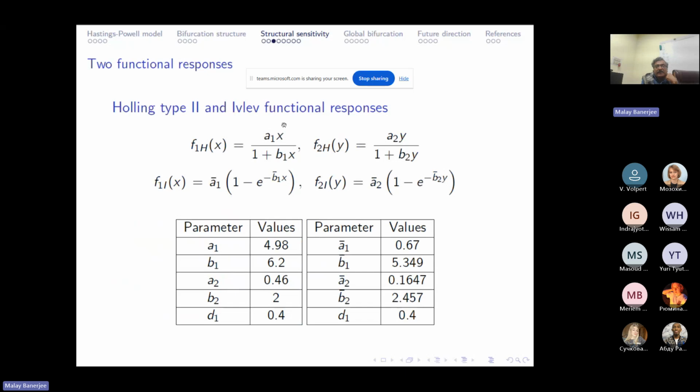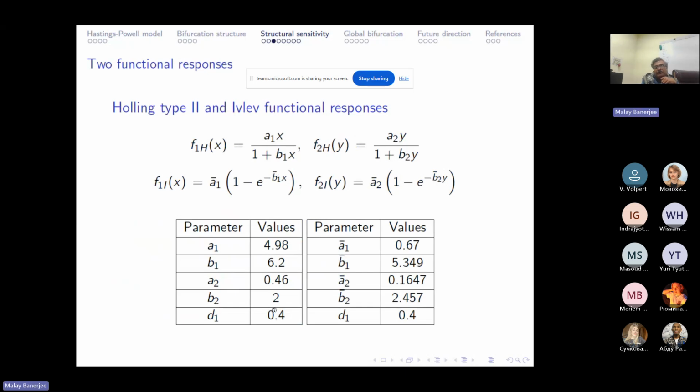First of all, I must mention that for the two functional responses, the predation of prey by the middle predator and the predation of the middle predator by the top predator, the Holling type 2 parameterizations are like this, and for Ivlev they are represented by A1 bar, B1 bar, and so on.